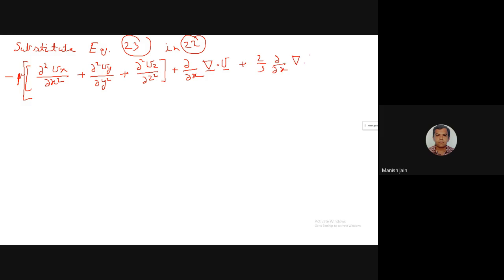Okay, now in this equation we will take the second assumption. The second assumption is density is constant.